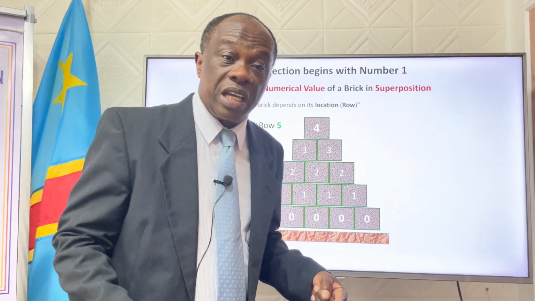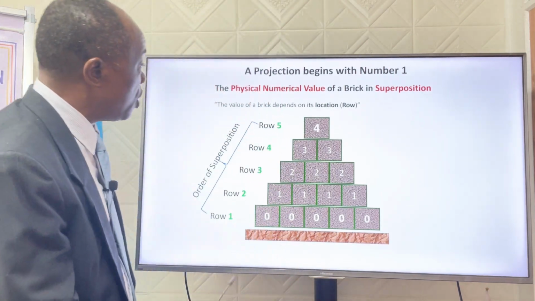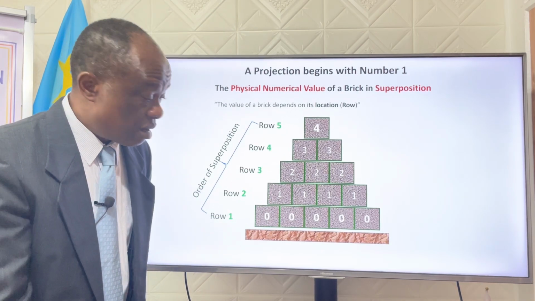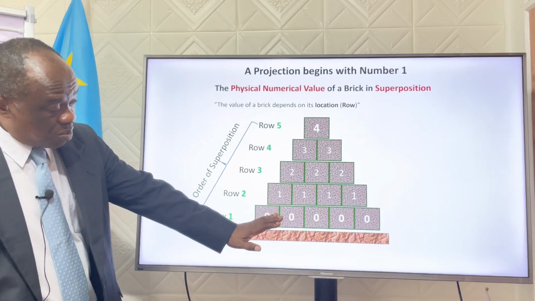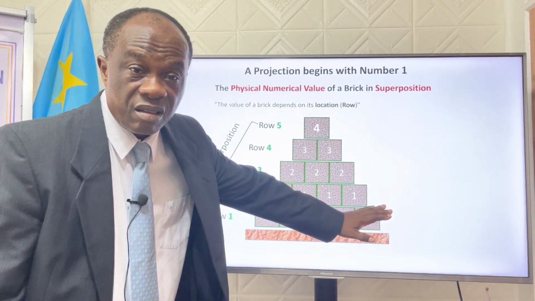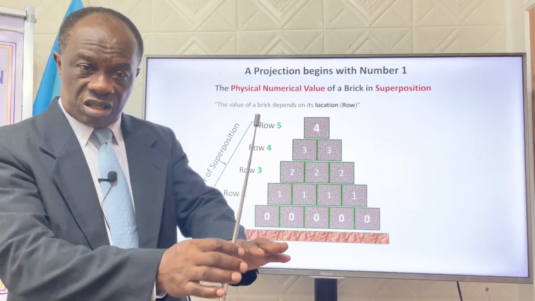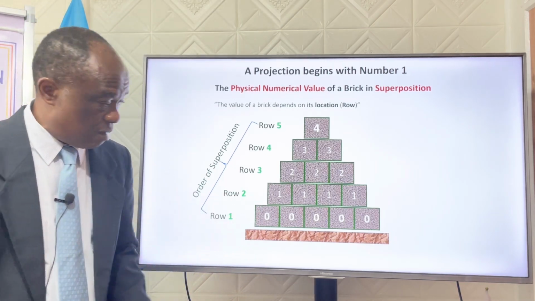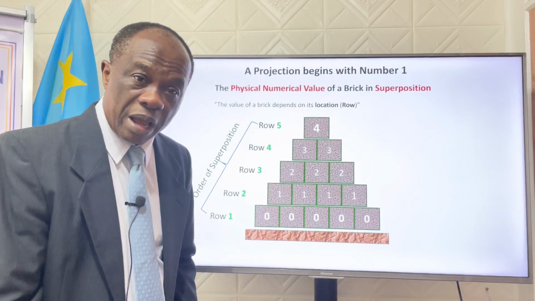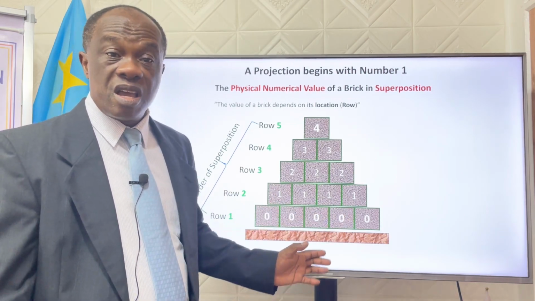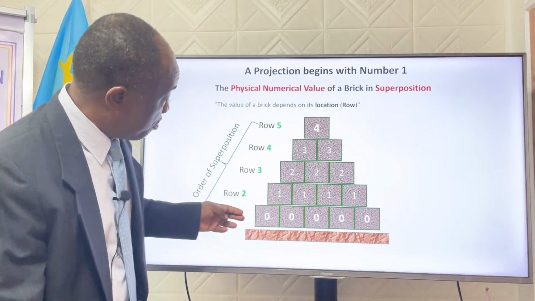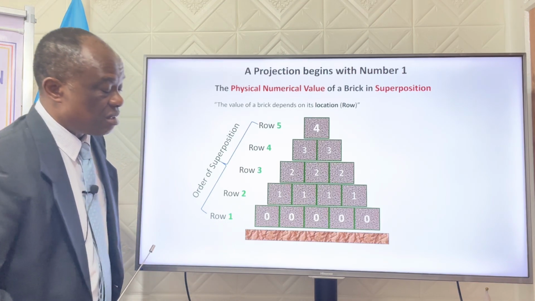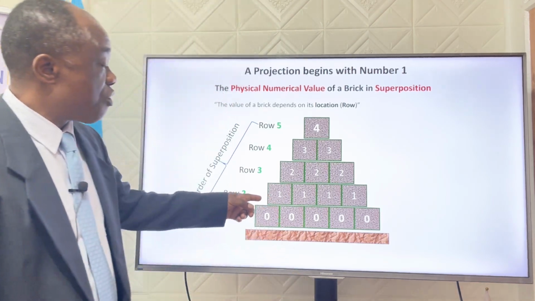then in this case, the values of the brick begin to change. The value of the brick will depend on its location. Now, we say that these bricks here on the floor are actually 0. Why? Because they don't have any bricks below them. So their value is 0. But the bricks on the second row here will have the value of 1.